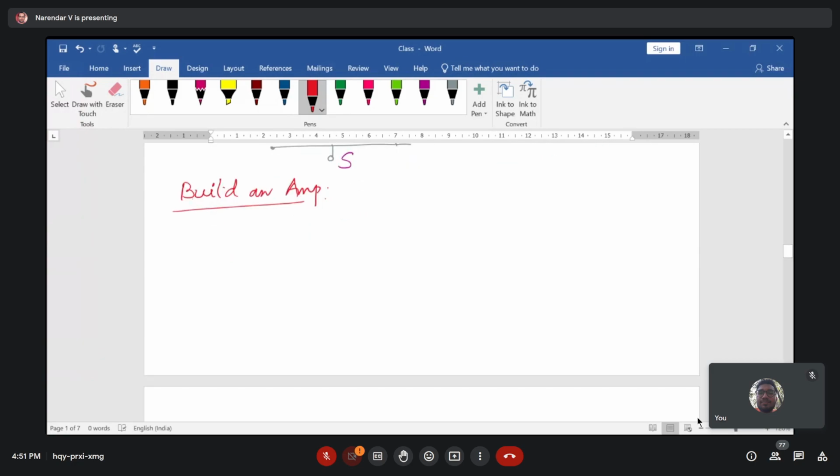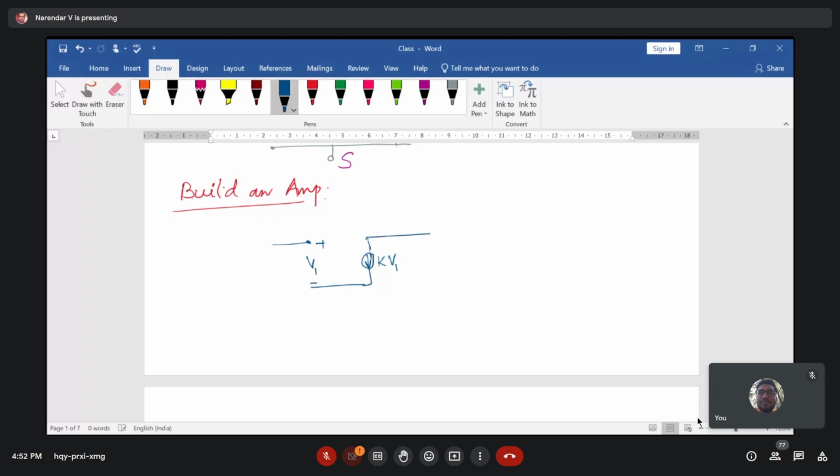For that, what you require is, from your basic electronics engineering course, BEE course or EDC course, you must be aware of the small signal equivalent model for the MOS transistor and BJTs. So here I have a V1 voltage, positive and negative terminal here, and because of that there is a constant current, and that current depends on the K factor and the voltage that we are applying here, V1.